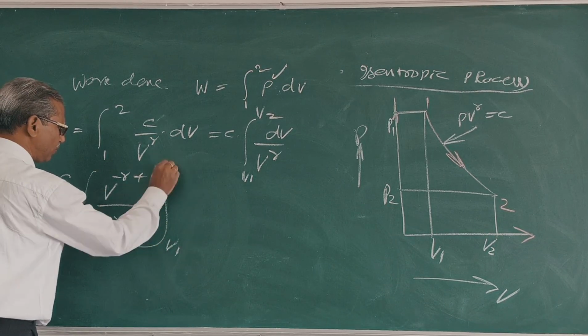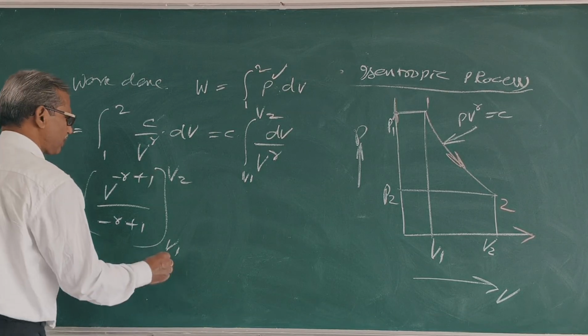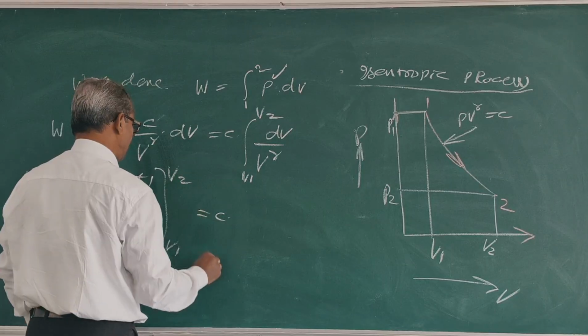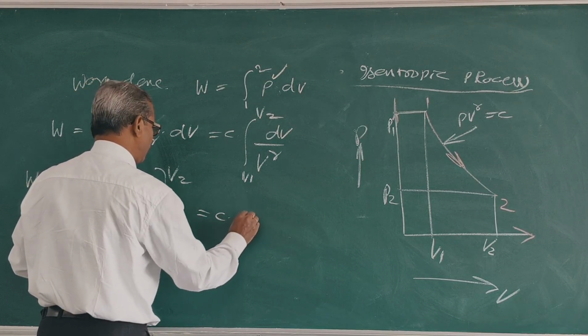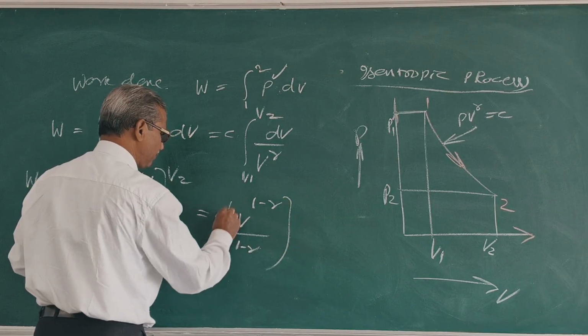What is C? P1 V1 gamma is P2 V2 gamma. This is equal to C into V to the power of 1 minus gamma by 1 minus gamma, limit V1 to V2.